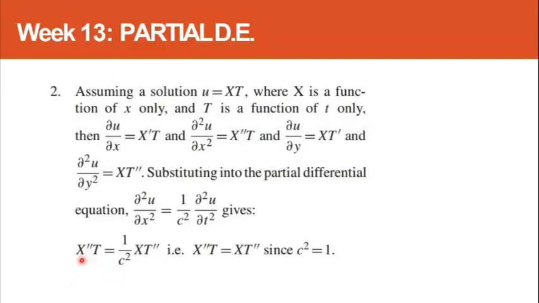We have the second derivative of X times T is equal to 1 over c squared times the X times the second derivative of T. Or as an example, we have yung c daw, dahil nga yung c natin is equivalent with 1, yung second derivative of X times T is also equivalent with X times the second derivative of T. Kasi itong c squared is equal to 1, given na to kanina sa formula natin for the wave equation natin.